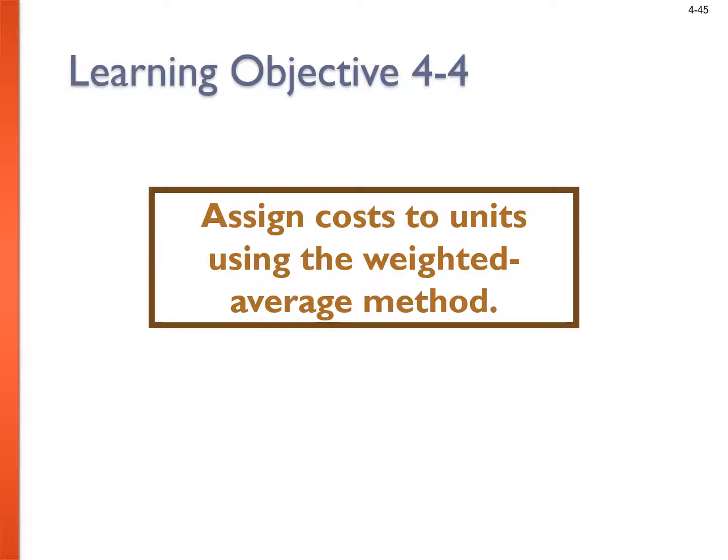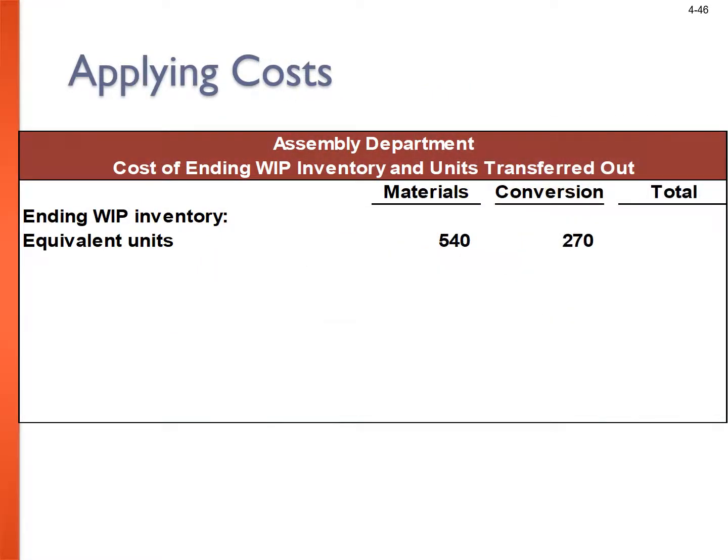Now let's assign the cost to units using the weighted average method. When we are looking at our assembly department, the cost of ending work in process inventory and units transferred out, we take the equivalent units which we determined, which was based on the percentage of them that were complete, and multiply them by their cost per unit.